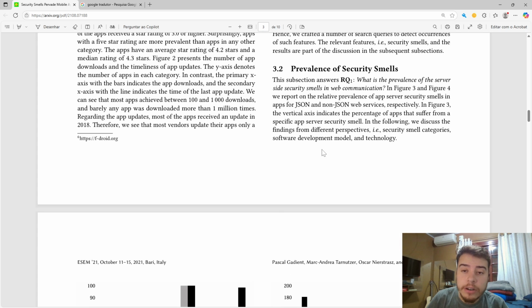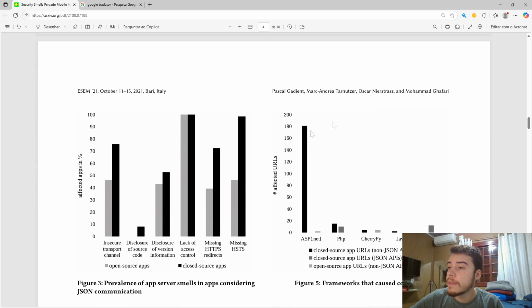So the idea of this study was to answer these questions. What is the prevalence of the server-side security smells in web communication? Here we have the data correlated with open source apps and closed source apps and the type of vulnerabilities that they found.